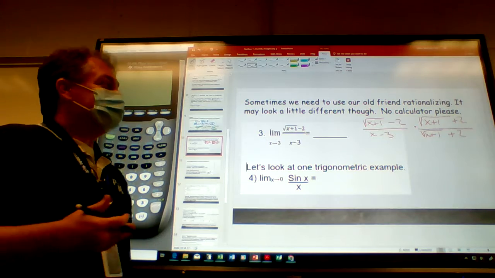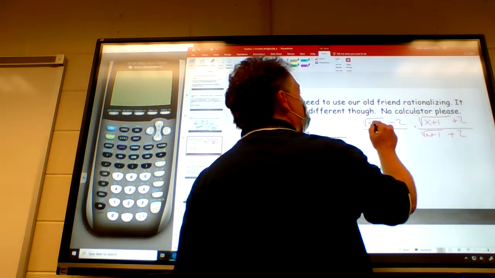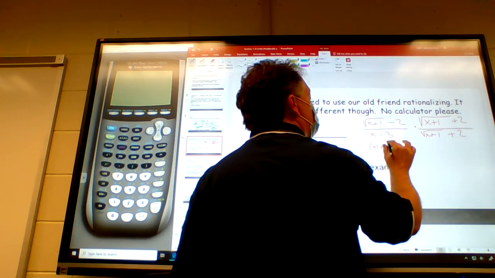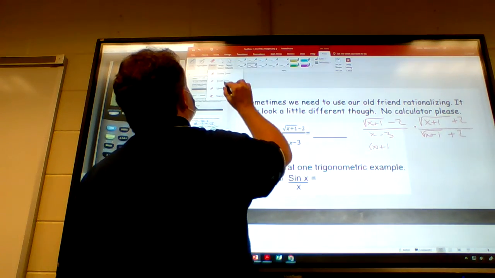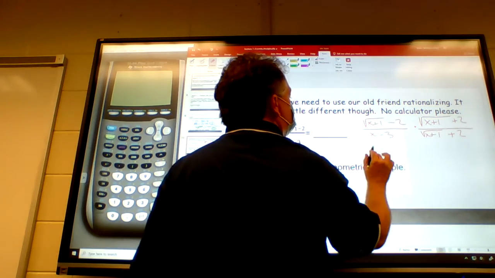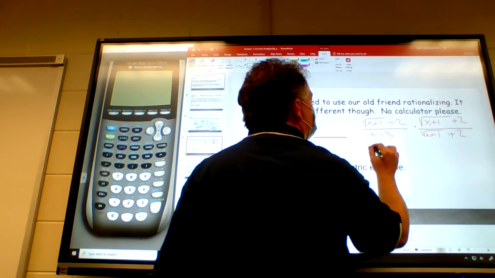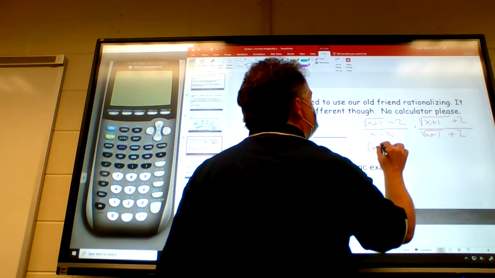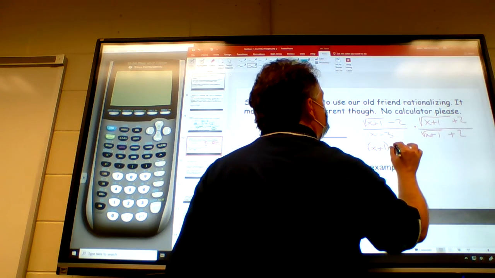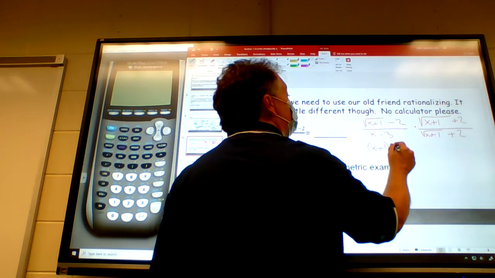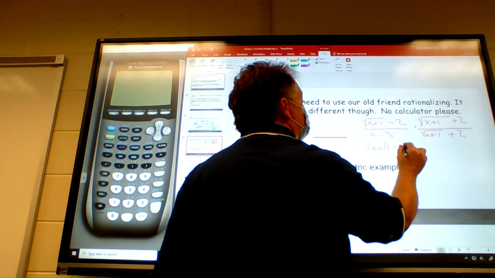Now, it does a couple things. First of all, when we multiply the square root of x plus 1 times the square root of x plus 1, that's going to give us x plus 1. Let me rewrite that again. So I got the square root, I end up with x plus 1, and then that's going to be minus 2 times plus 2, that's going to be minus 4.